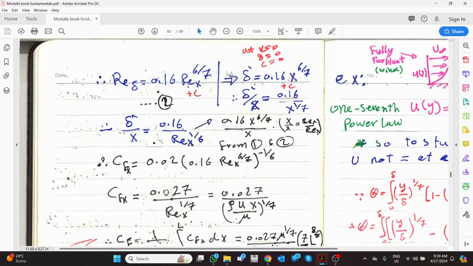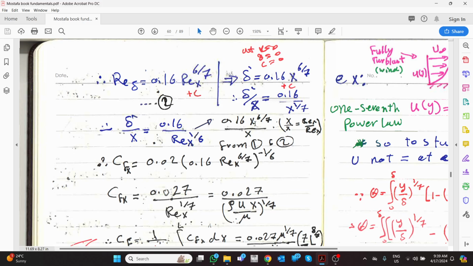Okay, still we always need delta to be written as a function of Reynolds number of x, right or no? Yes. So how are we going to do it? Reynolds number of x to the power 1 over 7, because it is like this. It is the same if we kept it x over something x. How? This is x to the power minus 1, and this is x to the power 6 over 7.